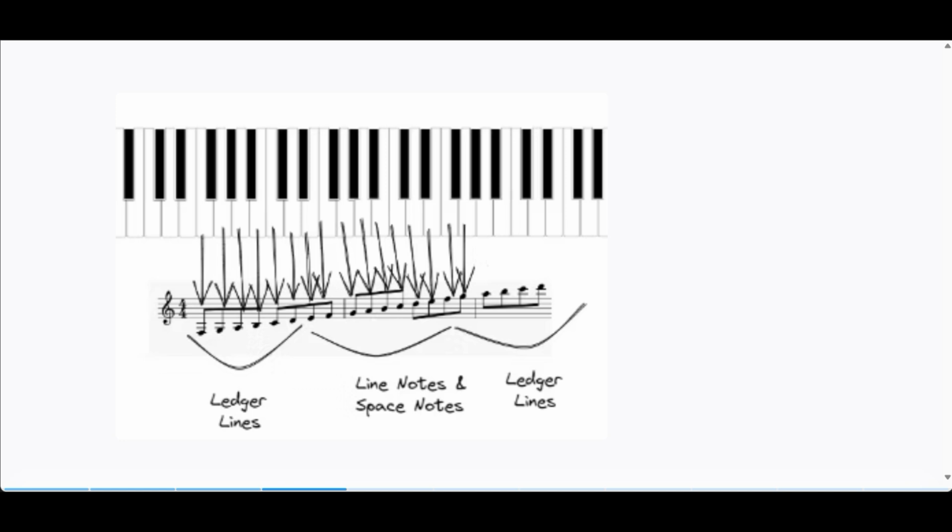So what is a ledger line actually? Now if you write some notes, you will need more and more ways to write more notes when you go higher and below the staff, right? So I have written more and more lines.